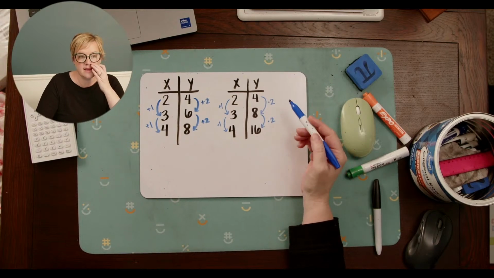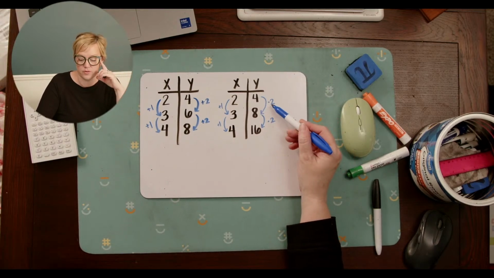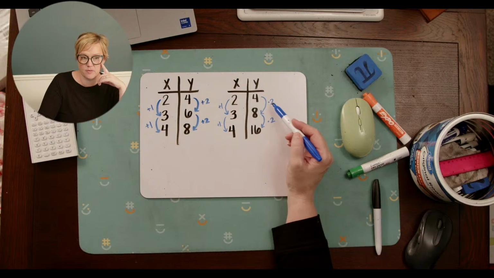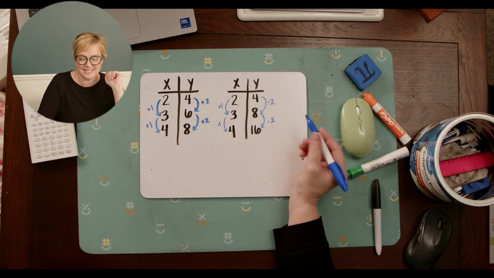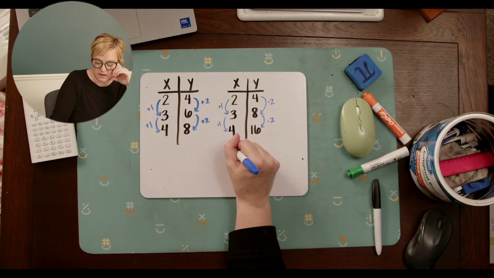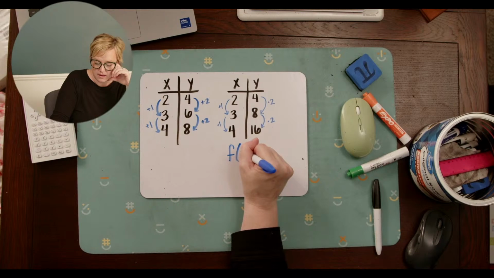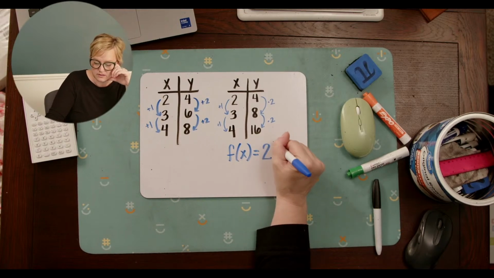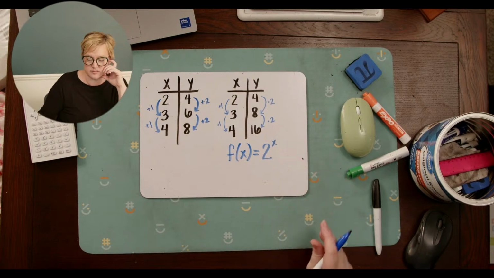So when you see that the rate of growth is multiplying as opposed to adding or subtracting, this is getting into exponential. So this one would be f of x is 2 to the x power.